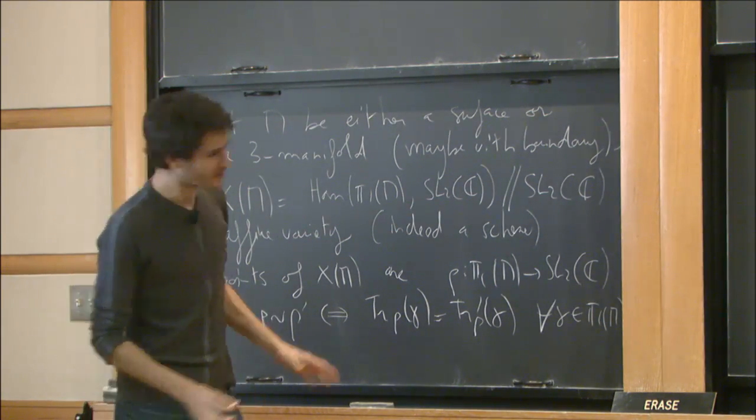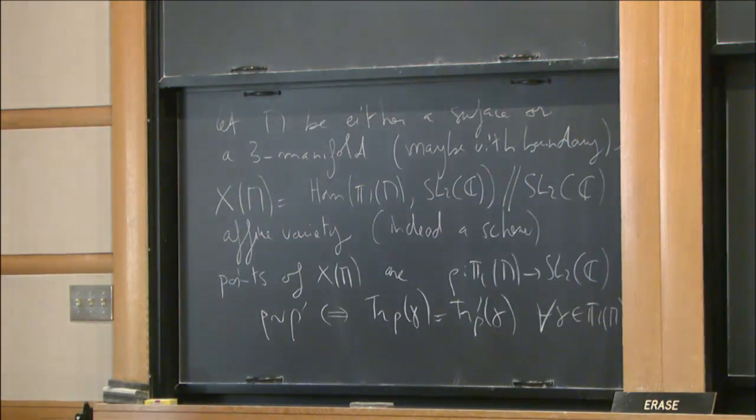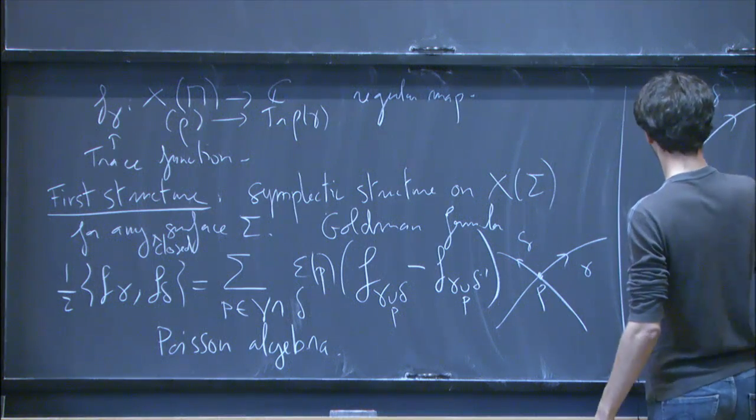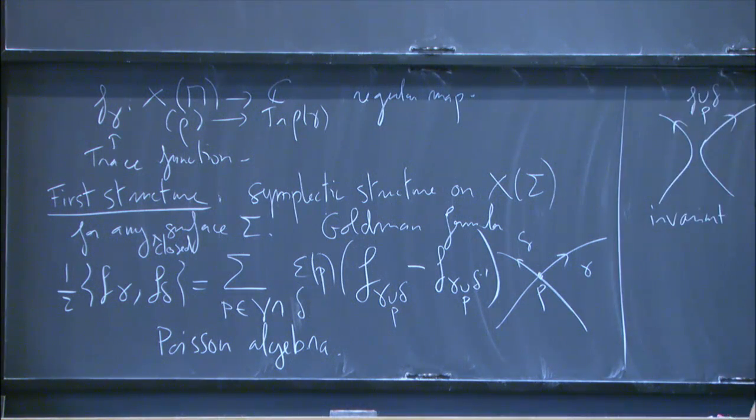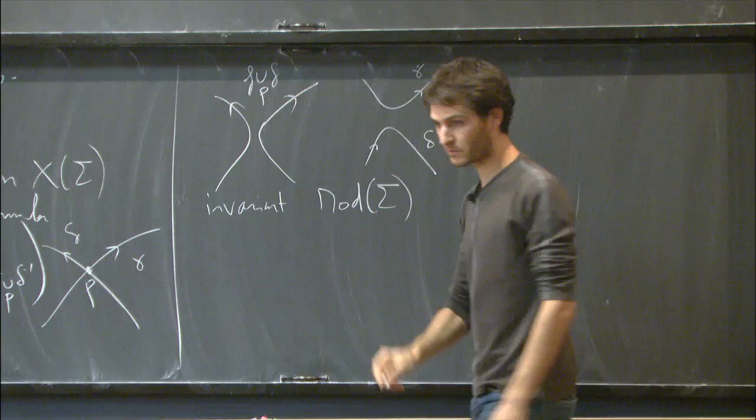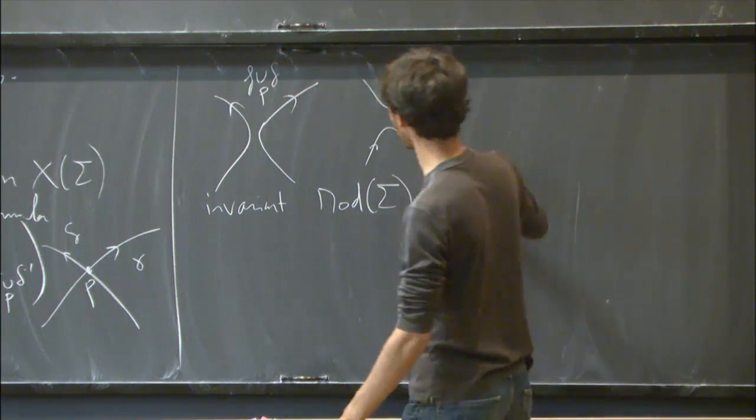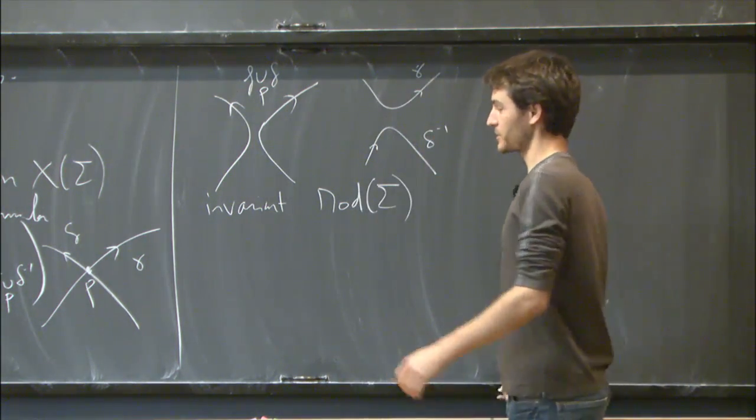But maybe many people already heard about this Poisson structure, which is famous and invariant by everything. So in particular, it's invariant by the mapping class group Mod of sigma. So it's an invariant symplectic structure, and it has a lot of interesting applications.